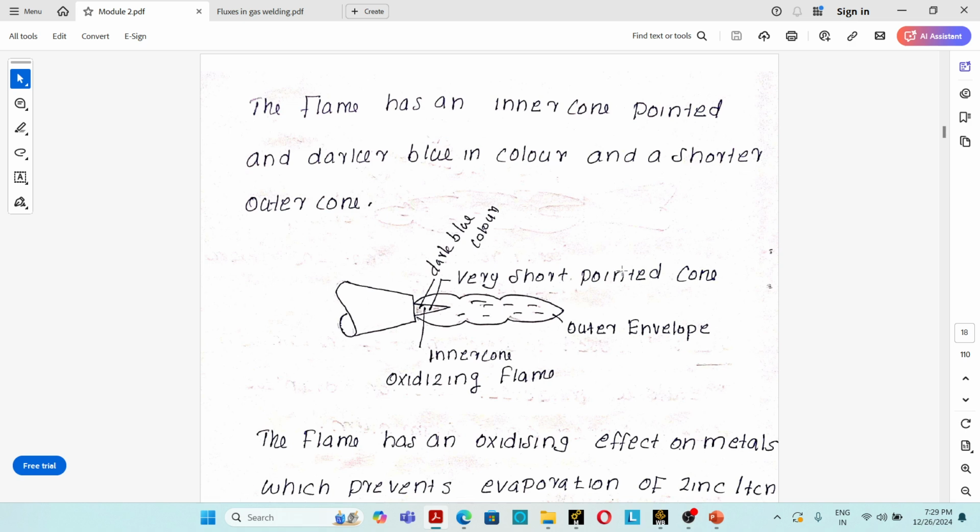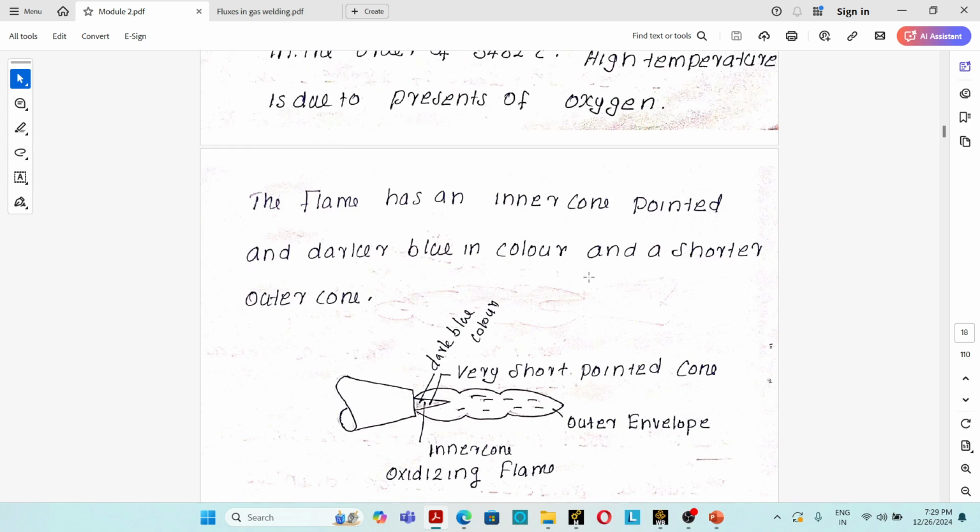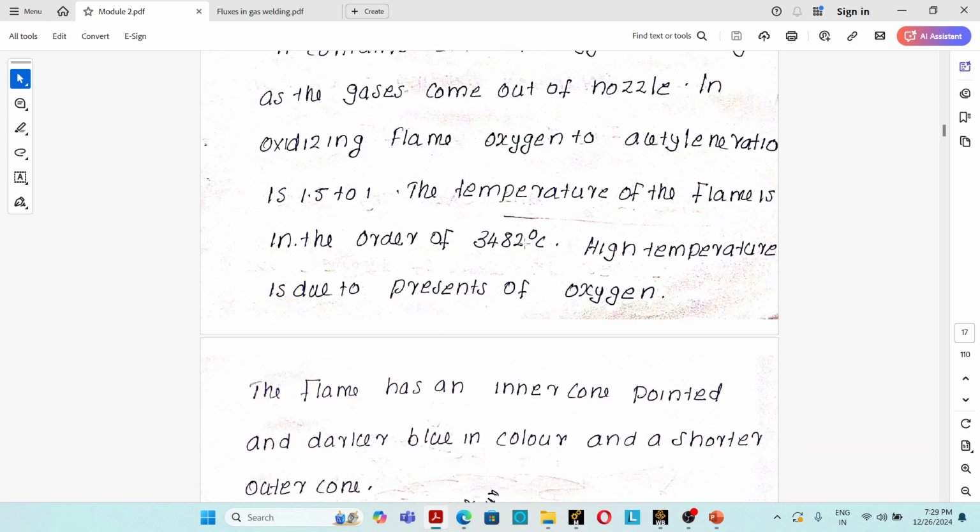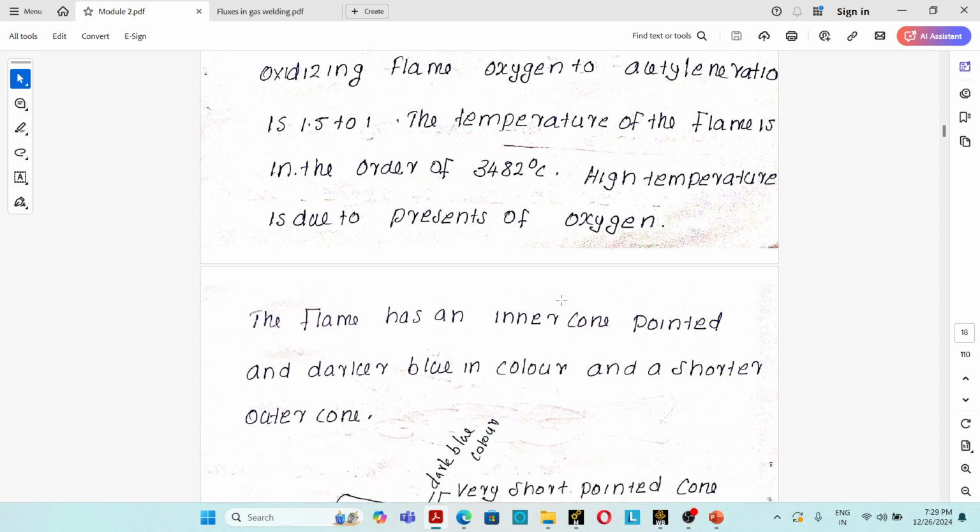The oxygen to acetylene ratio is 1.5:1. The temperature of the flame is in the order of 3482 degrees Celsius. See, why this high temperature? It is in the presence of oxygen.